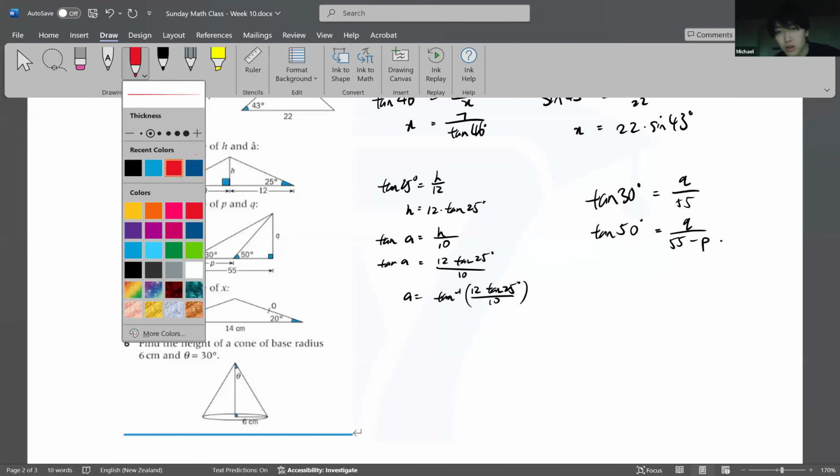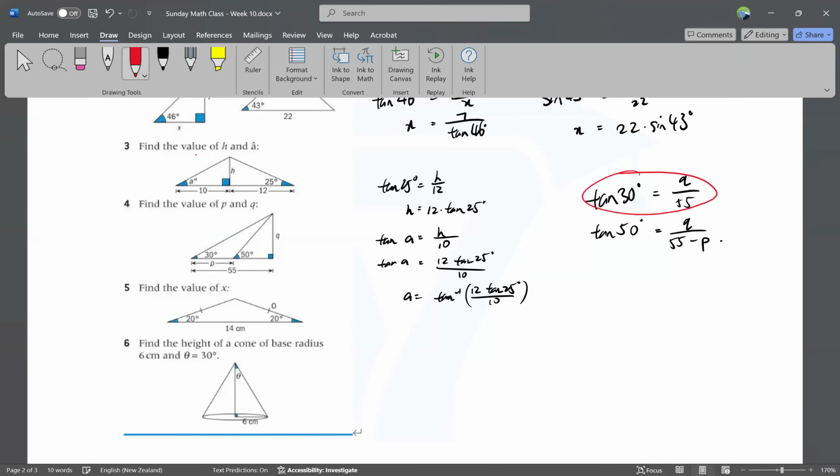And then the other one, you also rearrange, so it's Q equals open brackets 55 minus P close brackets times tan 50. So they're equal, right, since they both equal Q. Yes, you can treat this as a simultaneous equation.